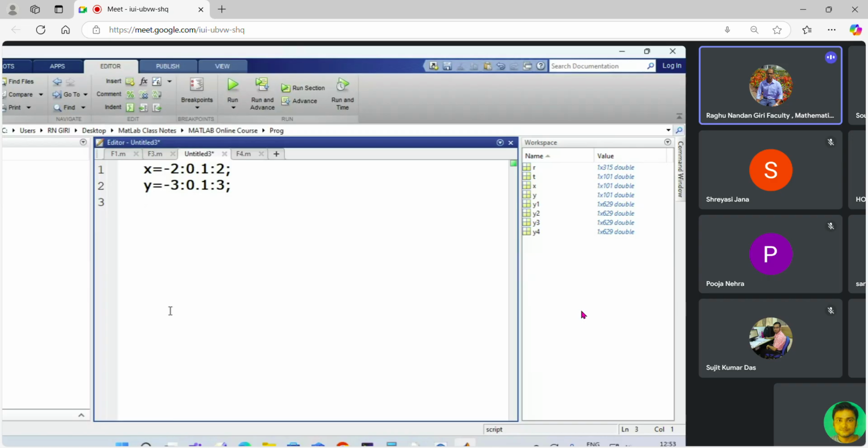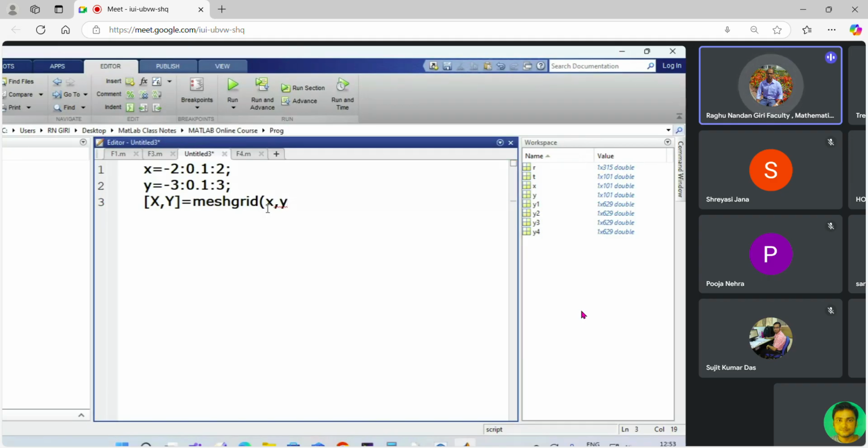So we require the grid matrix. For this grid matrix, there is a command: x comma y equal to meshgrid.